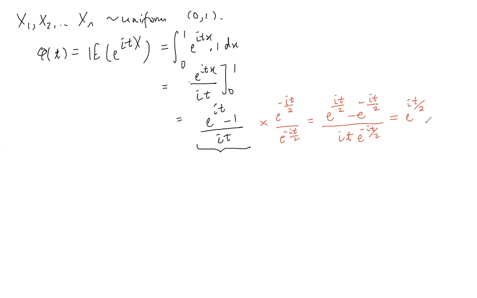This part here you can write as the hyperbolic sine of it over 2, divided by, and then you cancel back with the 2, so there's a 2 here. So it's it.